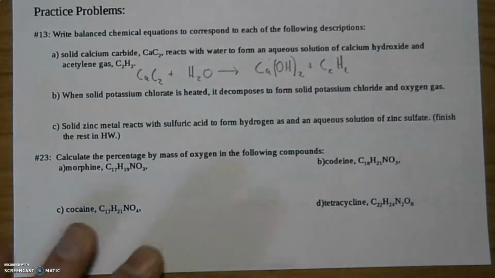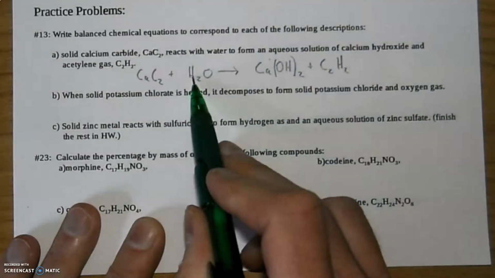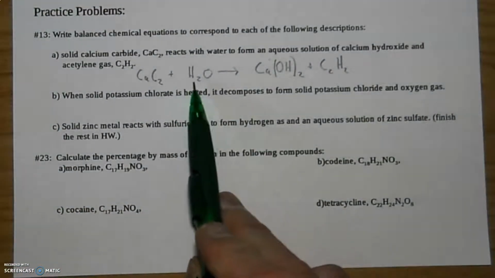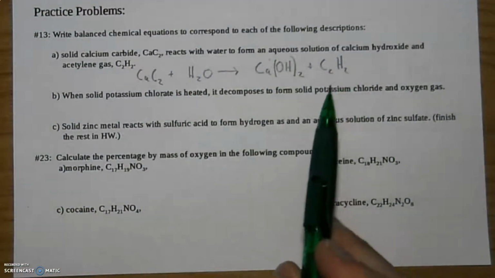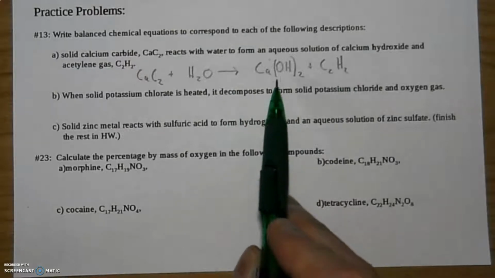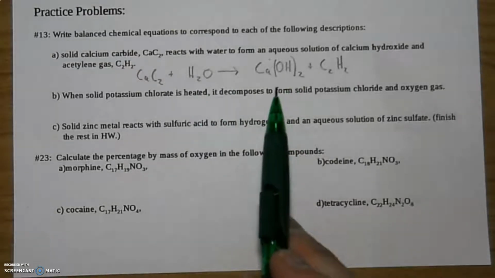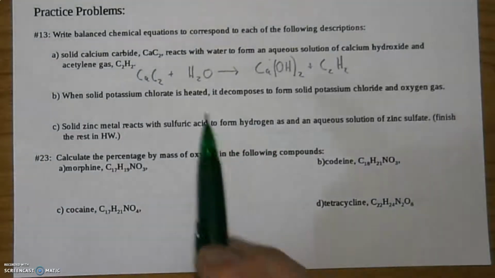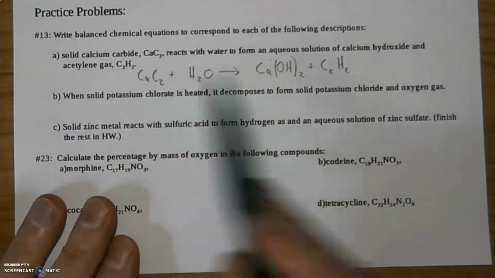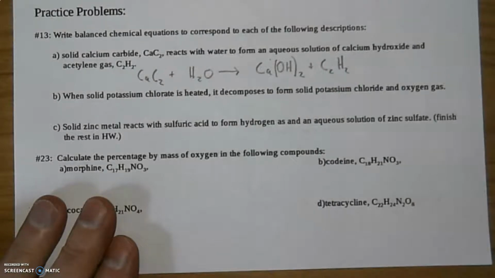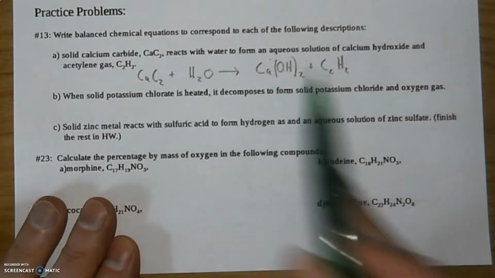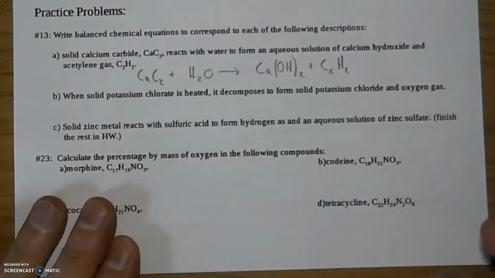And looking at all the elements, I always try to avoid hydrogen and oxygen until I'm done because they're everywhere. So hydrogen's here, here, and here. And oxygen is really only in a couple of spots, but we're going to hold off on that. First thing I'd like to take a look at here is the carbon. Carbon is found 2 here and 2 here. Okay, well, that didn't help at all. It's done. Calcium, I have 1 here and 1 here, and that's done.